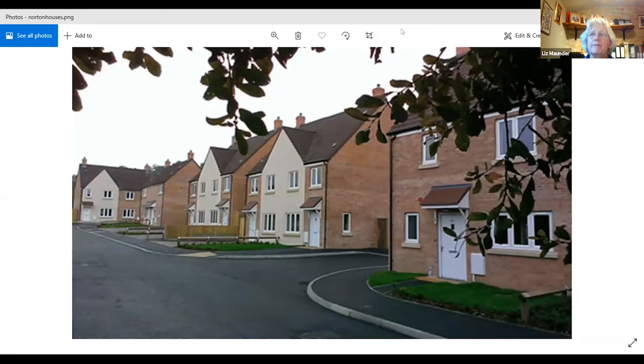So we had to be much more open-minded about the local connection side of things, and be prepared to accept people who were from South Somerset, but not from any of the villages immediately around us. But that was fine, and that worked out really well as well. So that was the initial allocation.